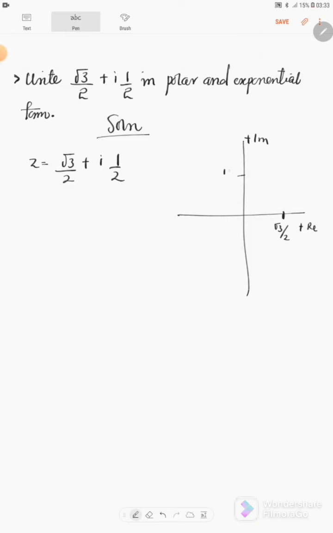And because the angle came from here to here, the angle stopped here, so that's our theta.